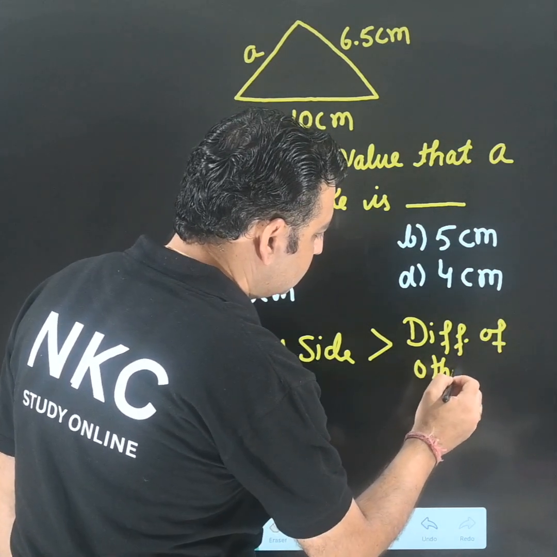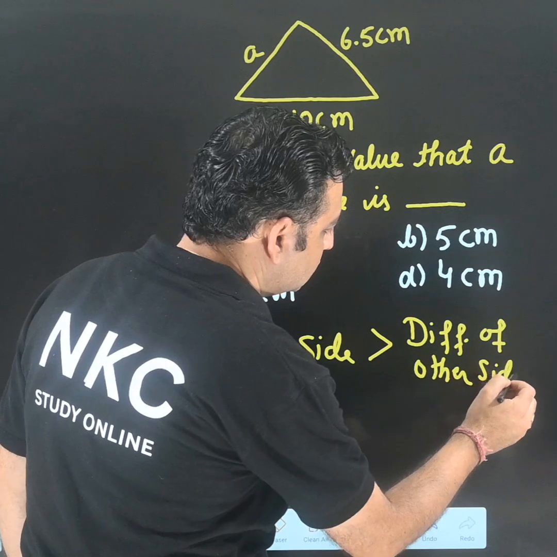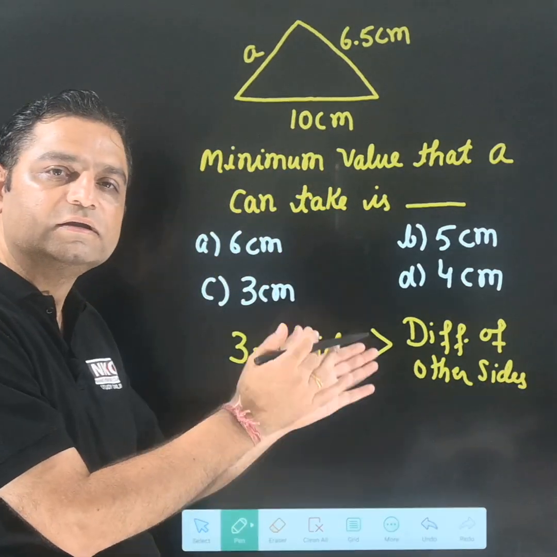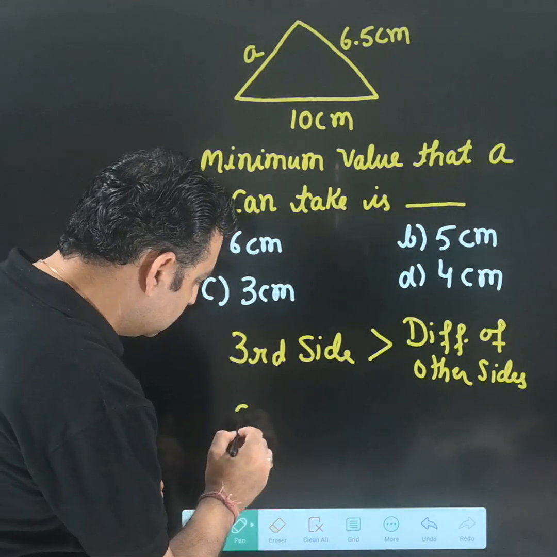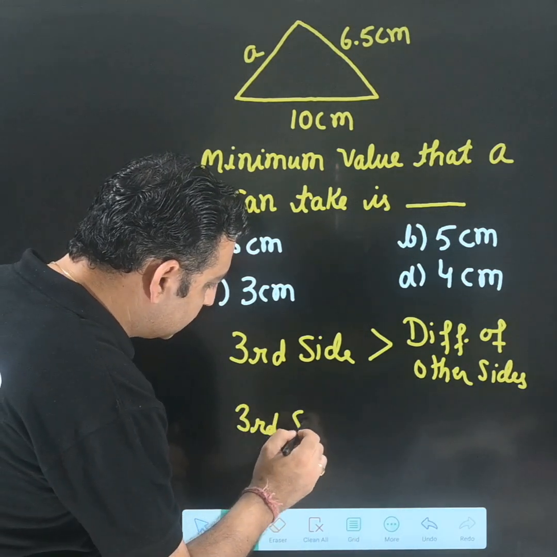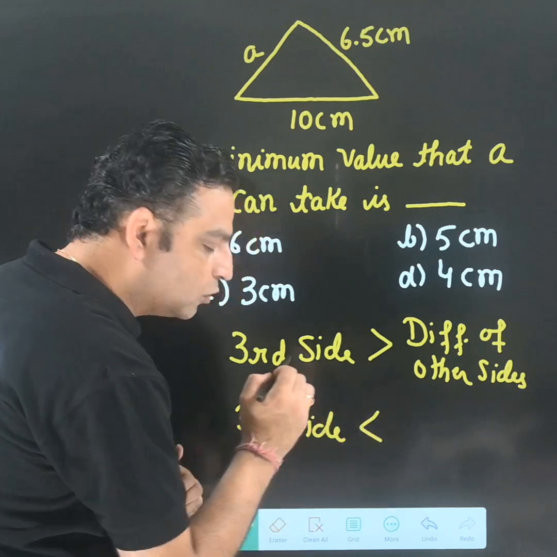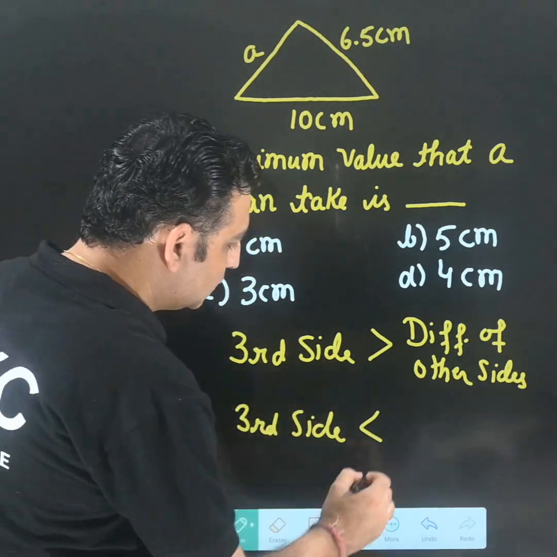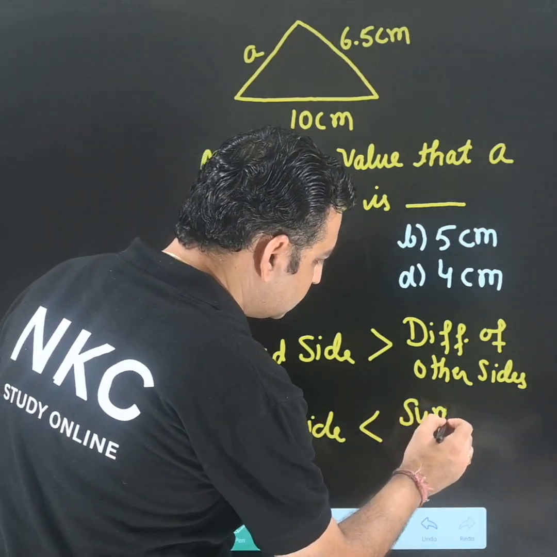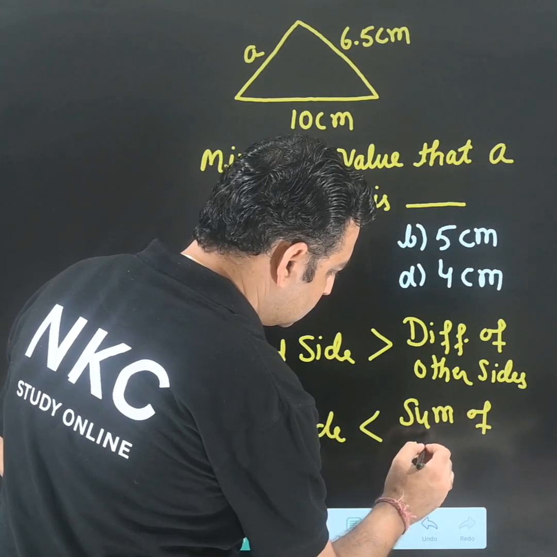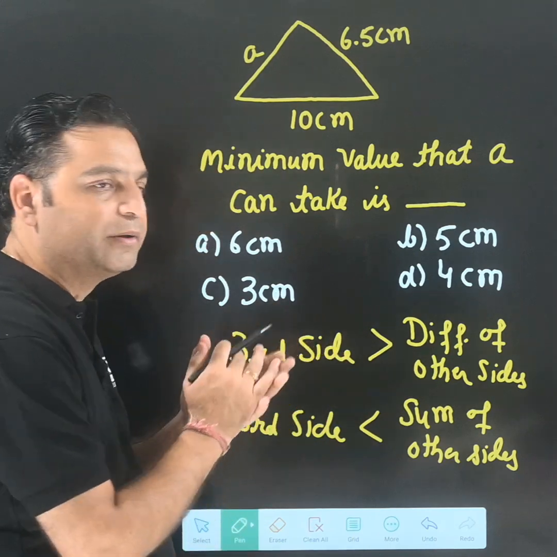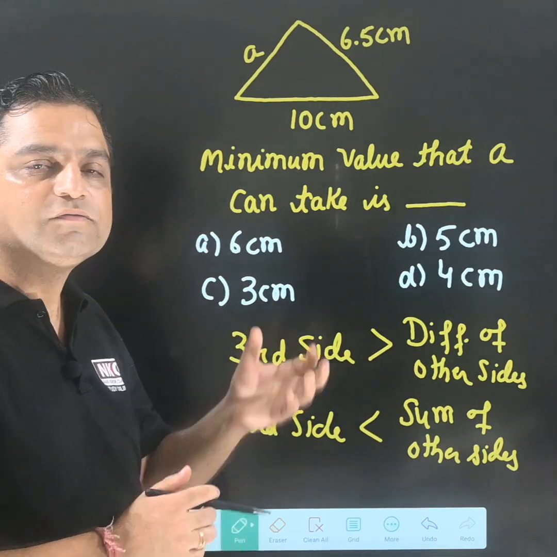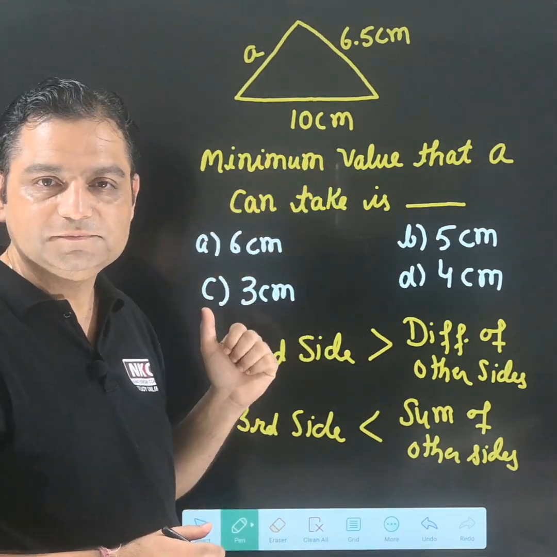Do remember it. And there is one more rule: the third side is always smaller than the sum of the other two sides. This is a very important rule to remember because we are focusing on the third side.